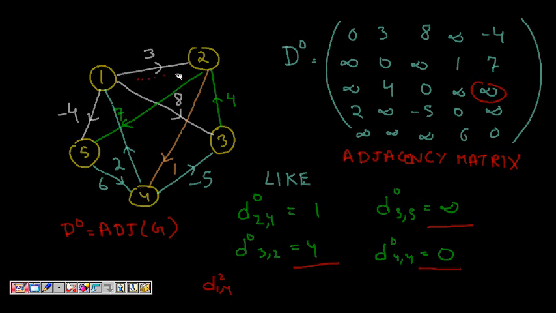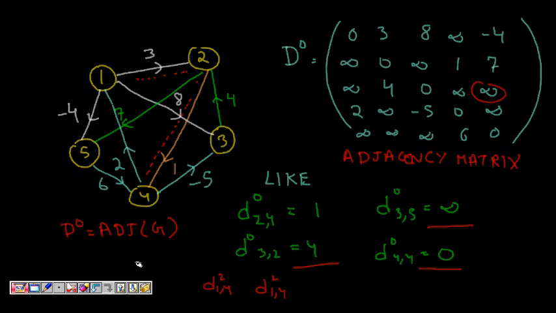So I can go from 1 to 2 and then 2 to 4. This way I can go, because nodes 1 and 2 are allowed in the intermediate path, so this is fine. And can we go directly from 1 to 4? In fact we cannot, so it is infinity.